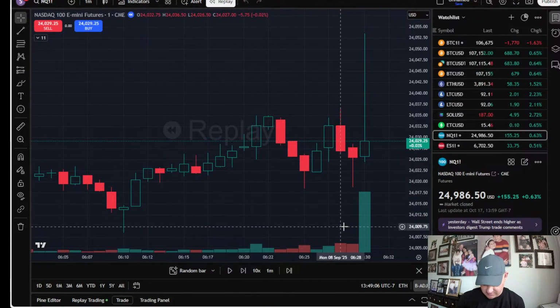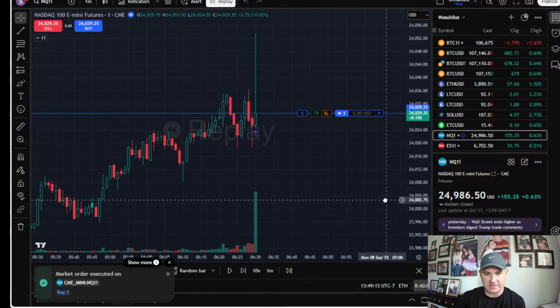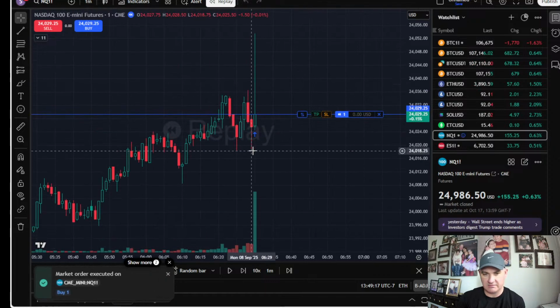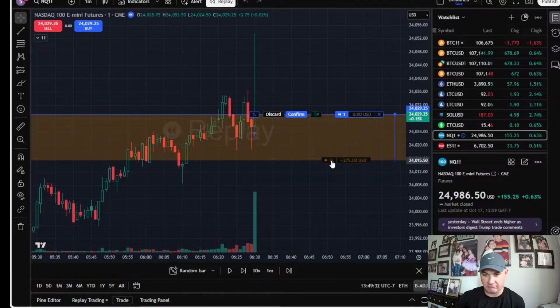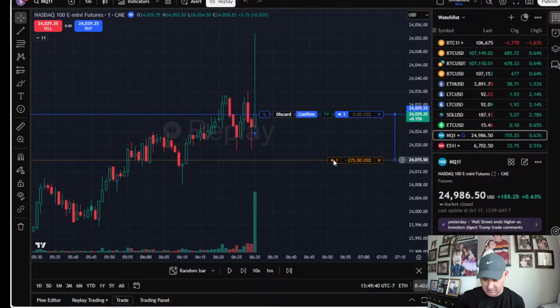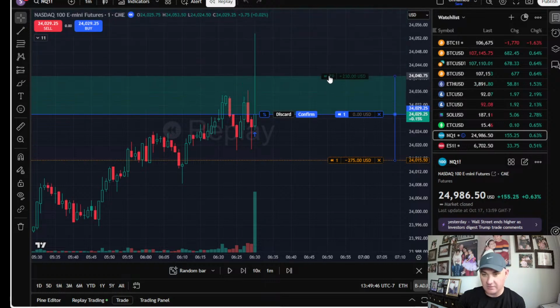So okay, it wants us entry right where we're at, which is surprising that it's not trying to limit in below these lows or something, but it wants me to put about a 15-point stop down to 15, on a 26-point take profit up to 29.